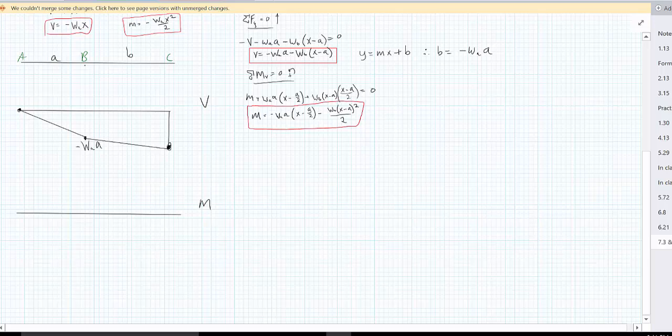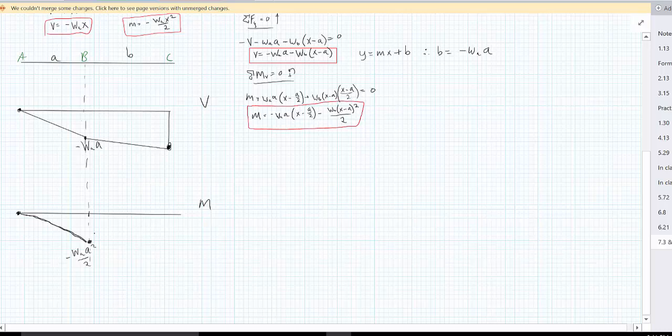We're going to follow it in the same line that we were solving for at B. If we were to plug a in there for the x value, this value here should be negative W sub A squared over 2. And that's parabolic, because we start at 0, since if you plug in 0 for x, it's 0. It should have a nice smooth curve, which I'm clearly not doing.